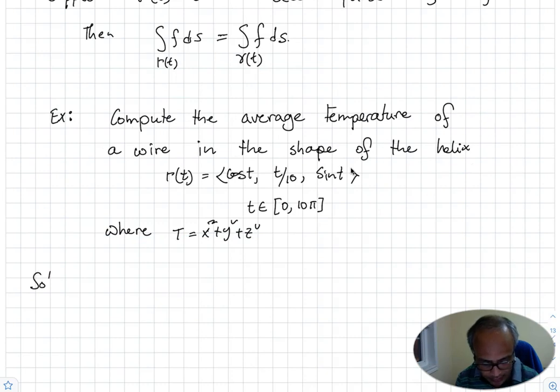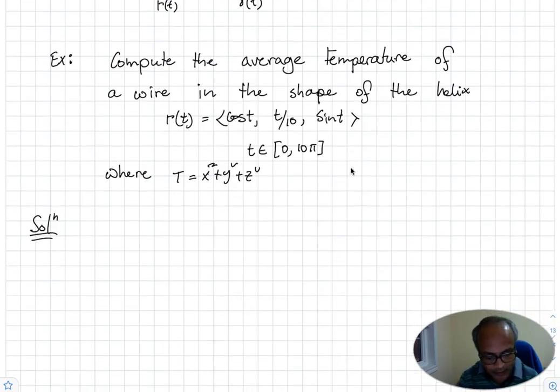So here we are asked to find the average temperature on the helix. So the temperature will be the integral of the temperature on the helix. So that is the total temperature. If you divide this by the length of the curve, that will be the average temperature.